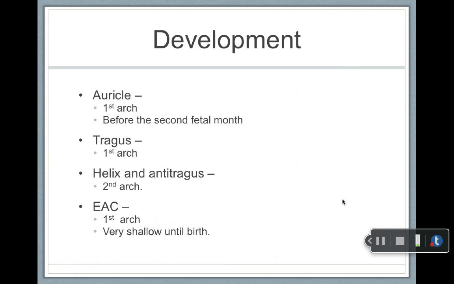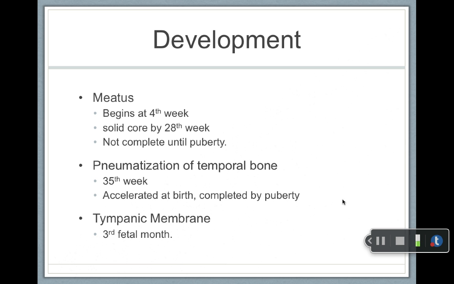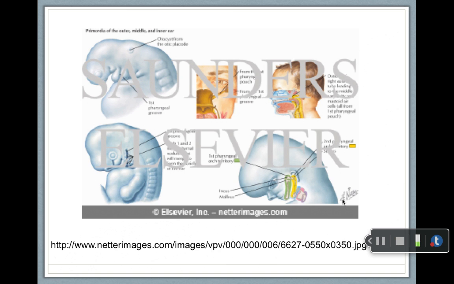The auricle, by the second fetal month, the tragus, the helix. I'm not going to ask you any of these questions, but by 20 weeks, the cochlea is ready to go. Well, the fetus can hear. You know, it's in fluid and whatnot, so it's not hearing perfectly, but the systems are a go.